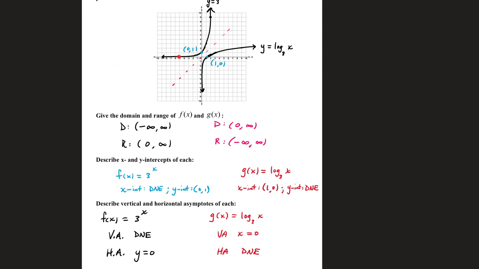As x gets extremely small, your function takes on smaller and smaller values approaching 0. With a logarithmic function, you have a vertical asymptote because your x values can get really close to 0 without actually being 0. There is no horizontal asymptote. As the graph goes out, as x's get larger, the answers get larger.